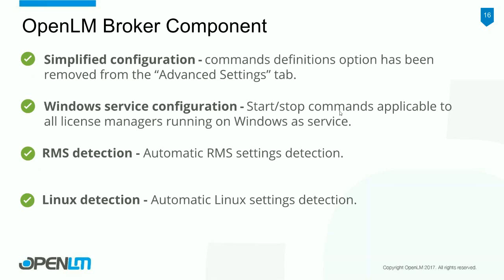And lastly, we implemented the ability to manage start and stop commands in any license manager that has a Windows service running. So this is much better. This causes the system to be much more cooperative with all license manager types.